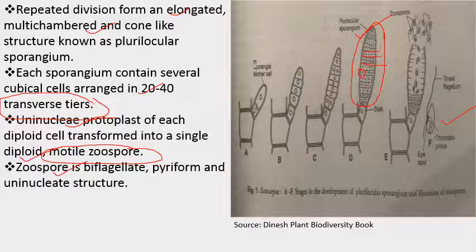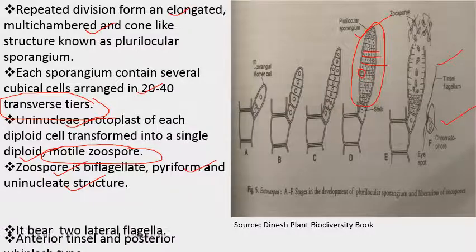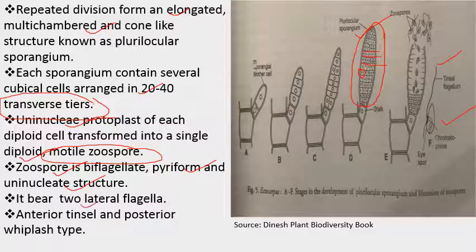The zoospore is biflagellate, pyriform, meaning pear-shaped, and uninuclear, but the flagella are similar, that is, acronematic, without mastigonemes. It bears two lateral flagella, anterior tinsel and posterior whiplash type.